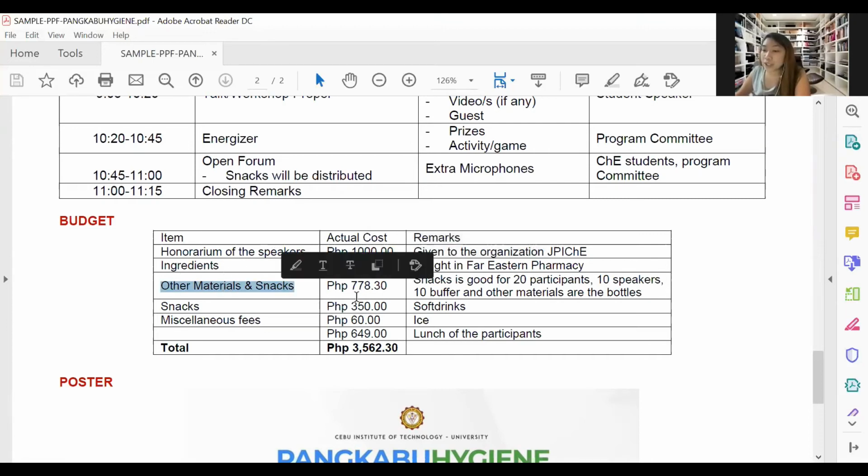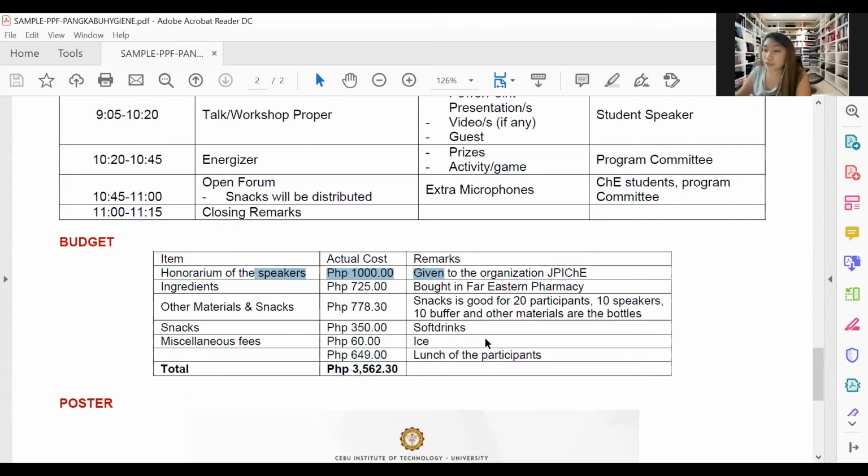Then other materials, so snacks for the participants. Since it's really a session, a seminar, we allotted budget for the snacks of the participants, the soft drinks, and then other miscellaneous fees. So this includes the ice for the soft drinks and all this, and the lunch also of the participants and the organizers. So you may eliminate the non-necessary parts in the budget if need be.